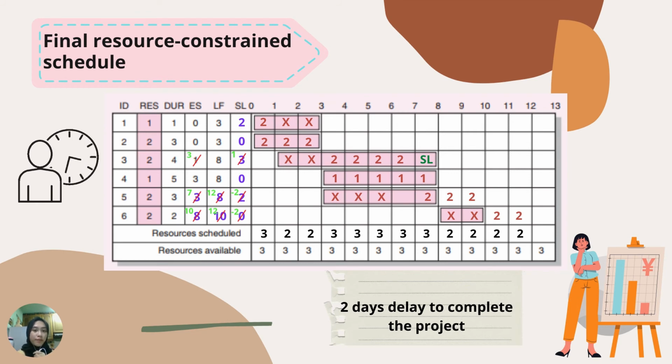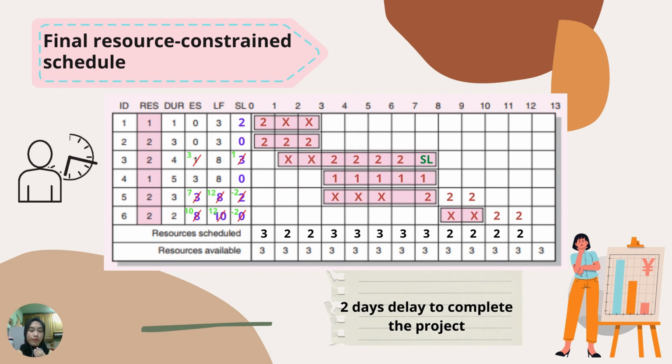So the slack number for ID5 will decrease, which is -2. And the ES and LF numbers will be increased by 4, which are 7 and 12.